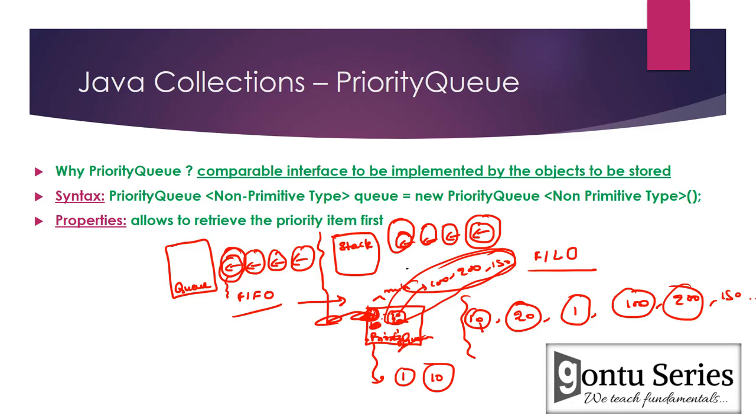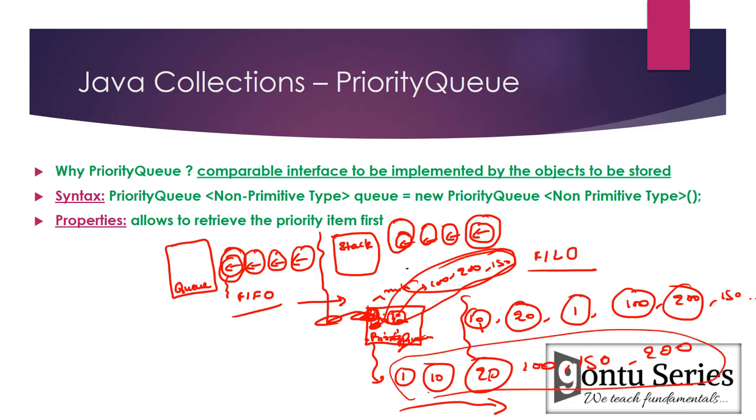Definitely 20, because 20 is greater than 10 but lesser than all other elements. Then 20 you can retrieve. In the same manner, you go on retrieving things in ascending order if you use a priority queue. So 1, 10, 20, and then 100, then 150, and then 200. So this is how a priority queue works.